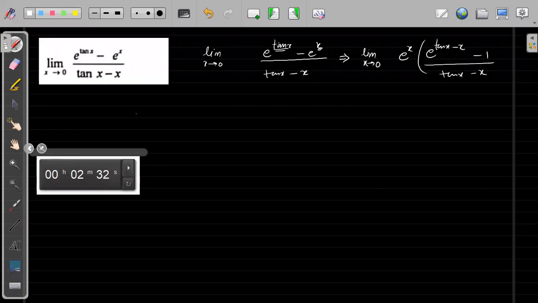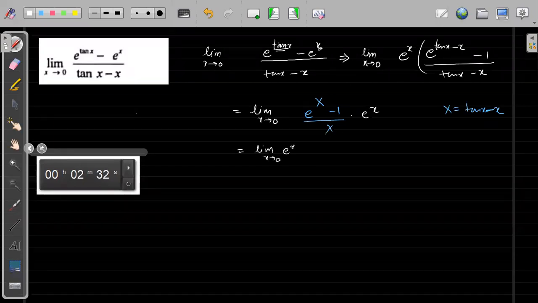This whole part will be equal to 1, because we can take this as capital X. So you can write this as e to the power capital X minus 1 upon capital X, into e to the power x, where capital X is 10x minus x. So this whole thing will become 1. So this will be simply limit of x tending to 0, e to the power x, which is equal to 1.